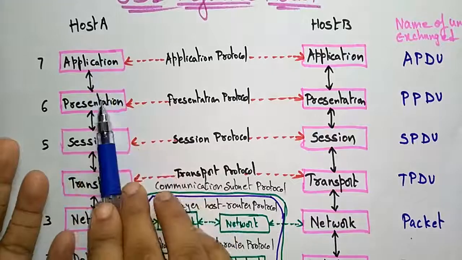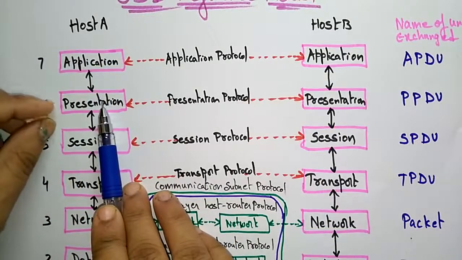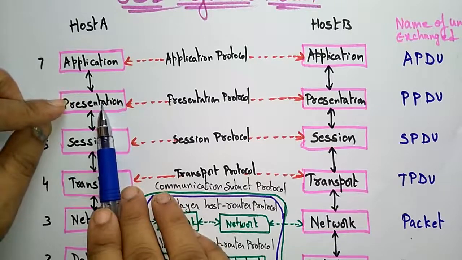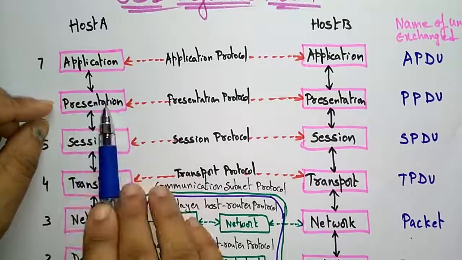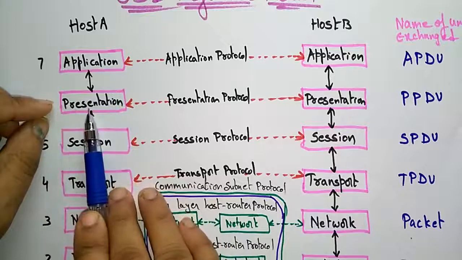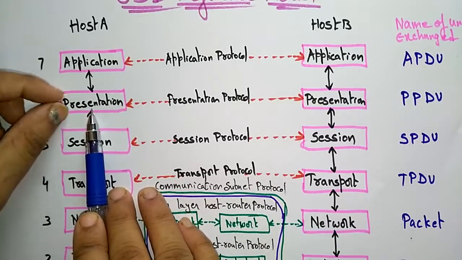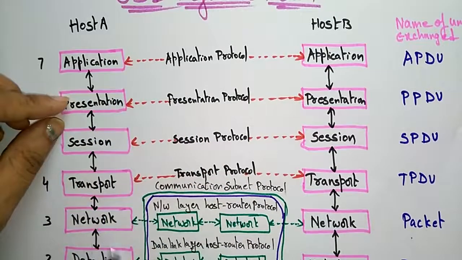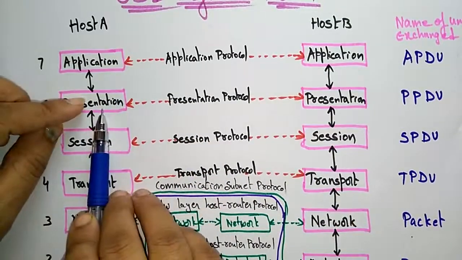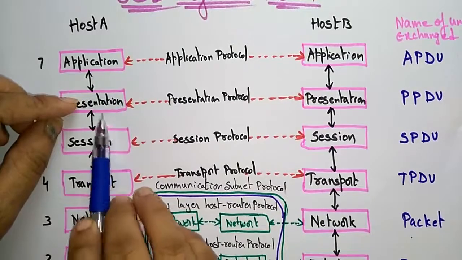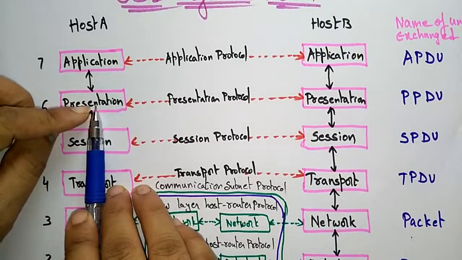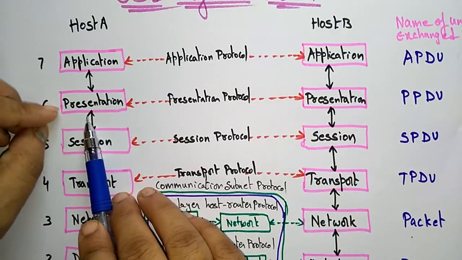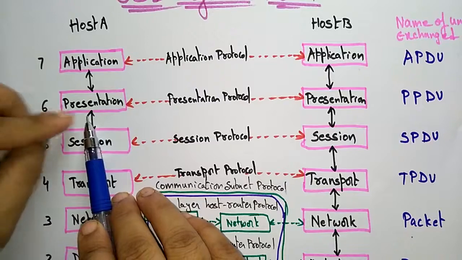The meaning is the same, but the representation is different. It is all in encrypted and decrypted form. If information is to be sent to host B, it is in encrypted form. If it is received from host B, the presentation layer decrypts the data. The unit exchanged here is the Presentation Protocol Data Unit.